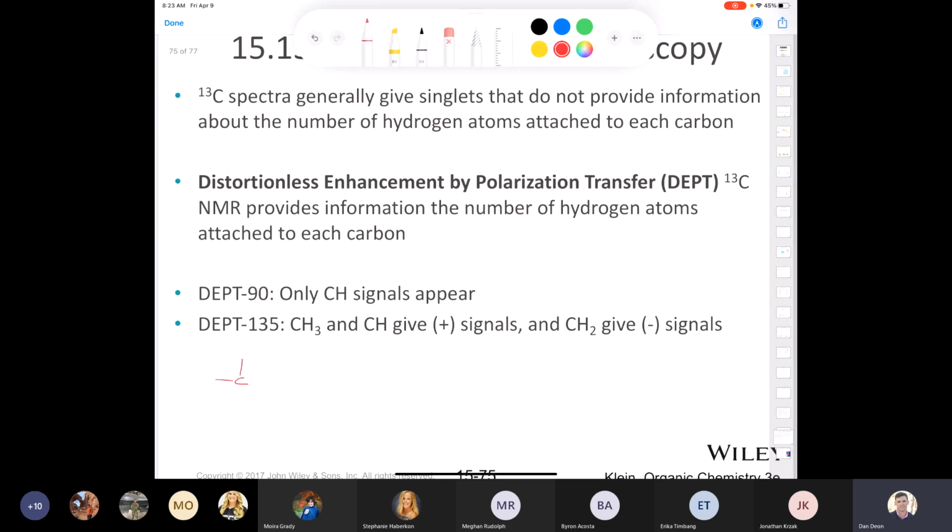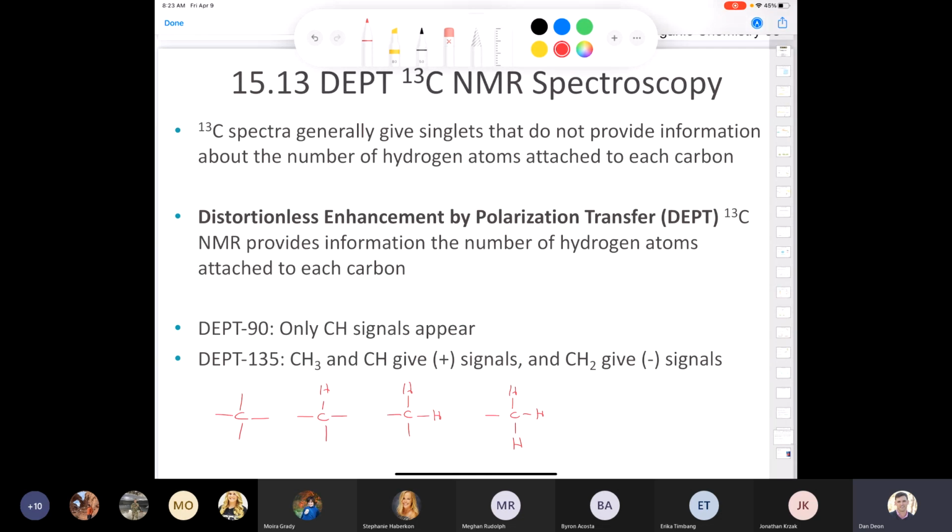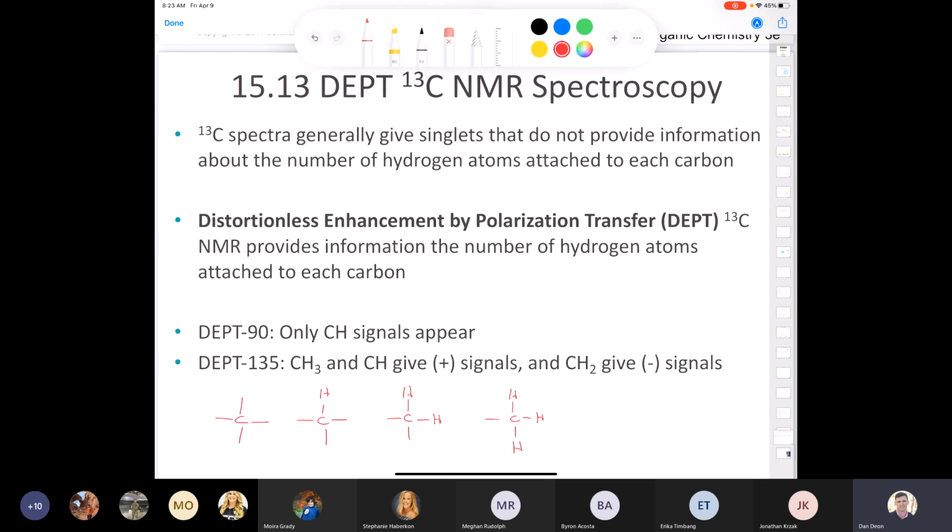We can have a quaternary carbon, a methine, a CH, a methylene, a CH2, and we can also have a methyl group, a CH3. And we can distinguish between these types of carbons, whether it has no protons, 1 proton, 2 protons, or 3 protons attached to it, by running different experiments.